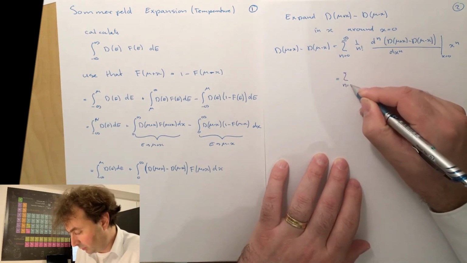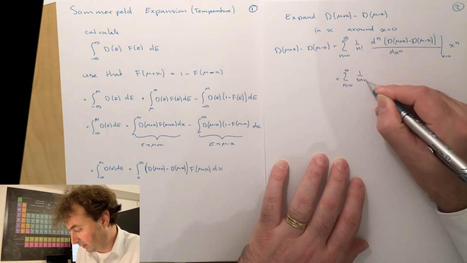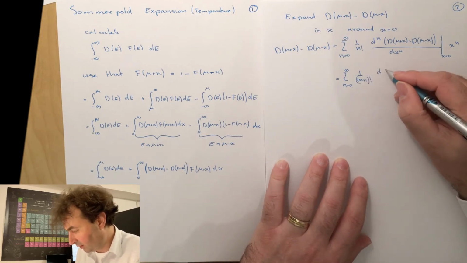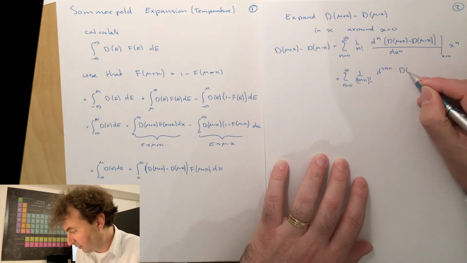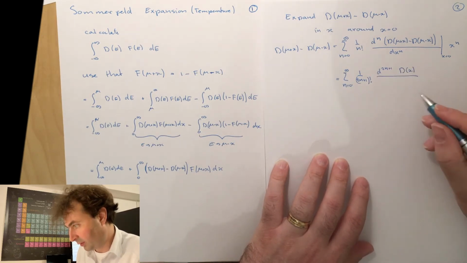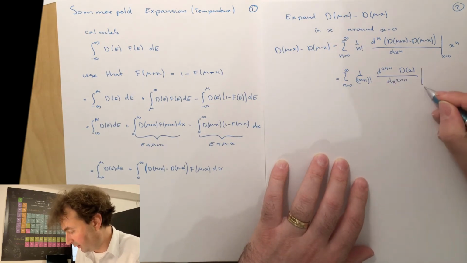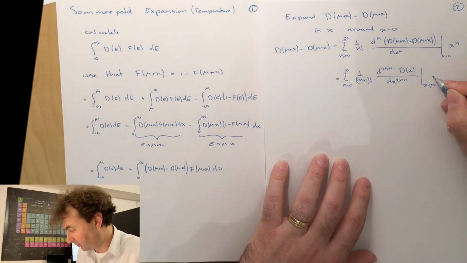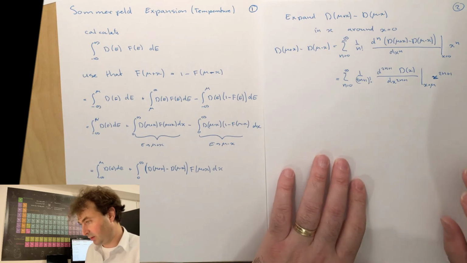So I can make the sum n is 0 to infinity, and I only have to look at cases where this is an odd number, the (2n plus 1)th derivative of the densities of states evaluated at the point where x is equal to the chemical potential, x to the power 2n plus 1, as we're only interested in the odd derivatives.